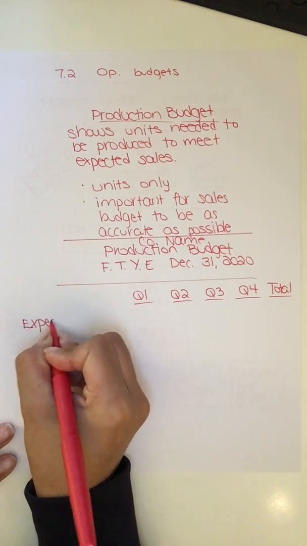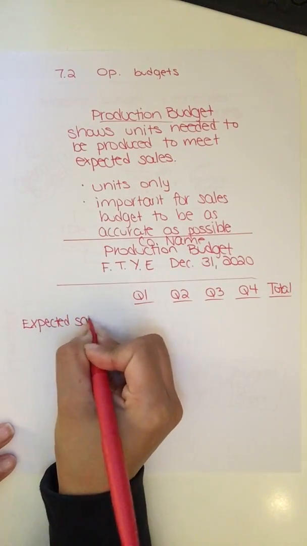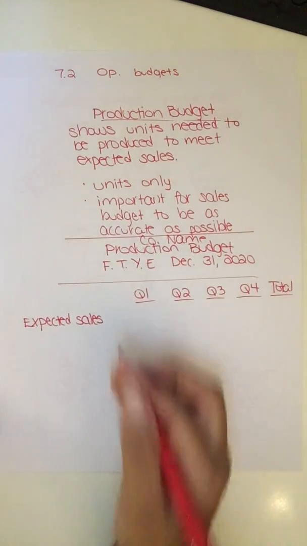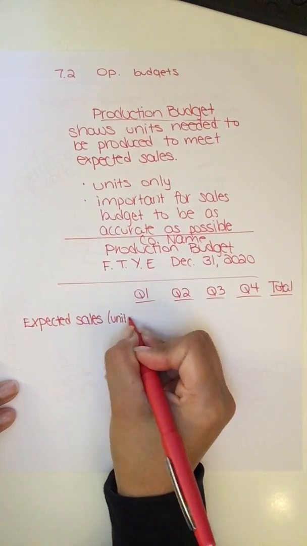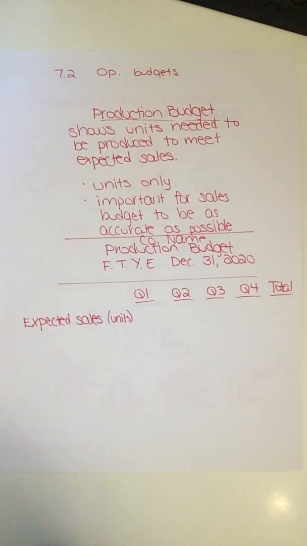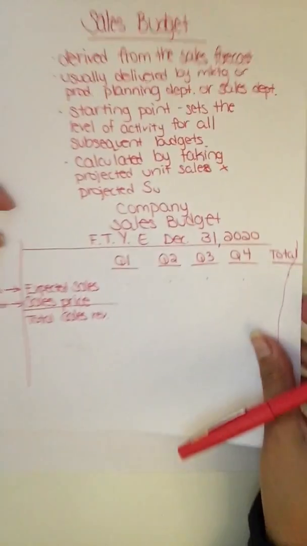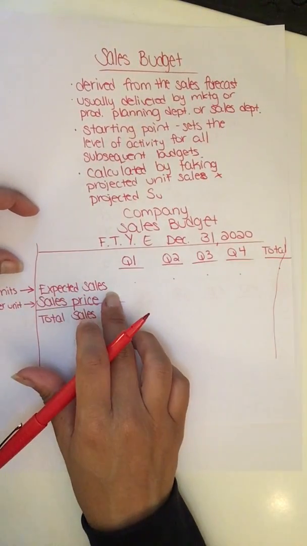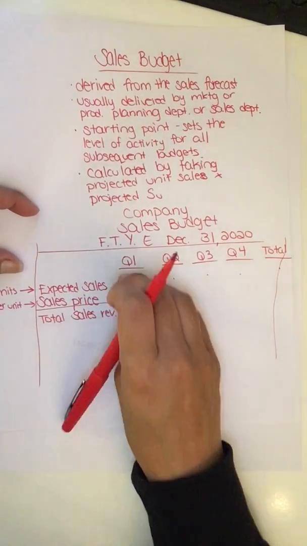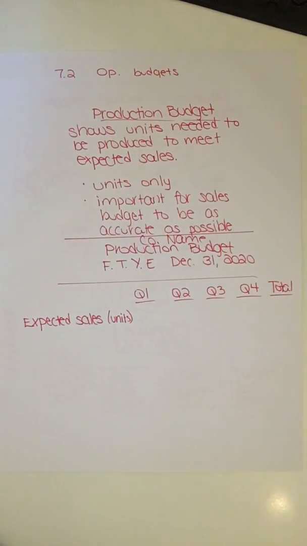Expected sales. And again, everything on here is in units. So just a reminder, your expected sales in units. Now, where are you going to get that information? From the sales budget. Your first line on the sales budget was expected sales. So just go ahead and pull that information forward to your production budget.